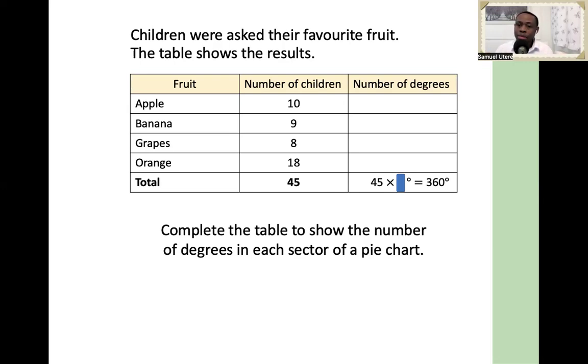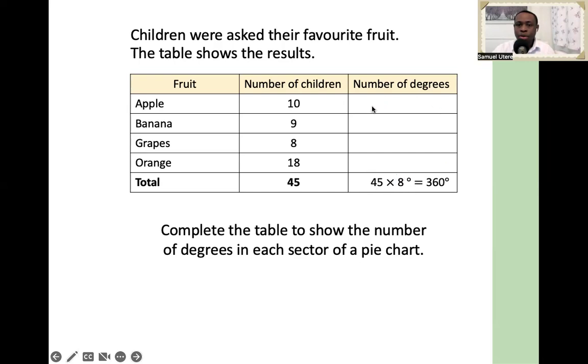And it is that same special number that we're going to use to multiply each point of the data to get the amount of degrees that we're going to use to represent that data. In this case, it is 8 degrees. So if we had done 360 divided by 45, we would get that special number.